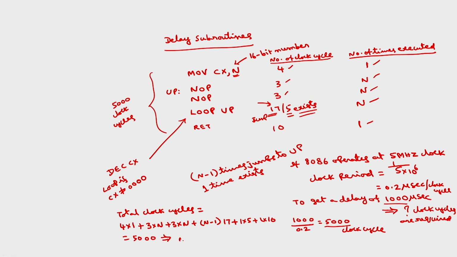we will get n equal to some 228 decimal value. So, the corresponding hexadecimal you have to place here. What is the hexadecimal equivalent of 228?